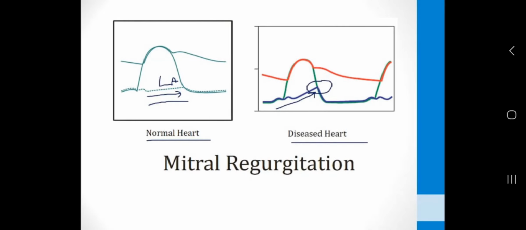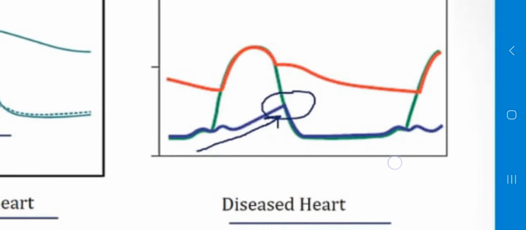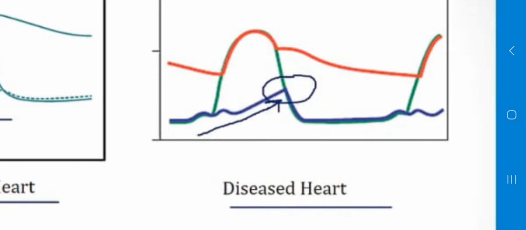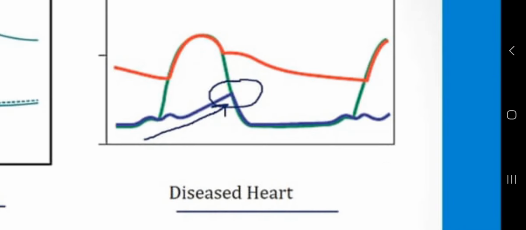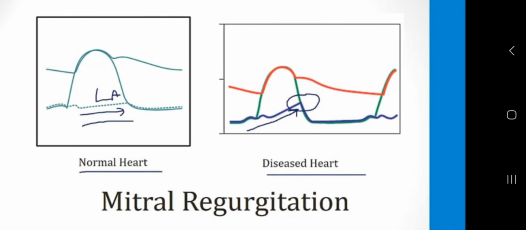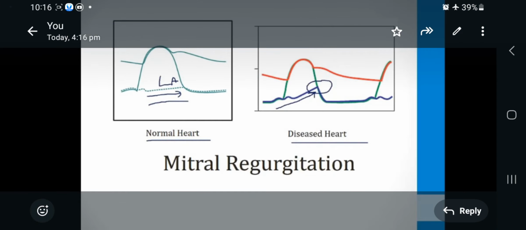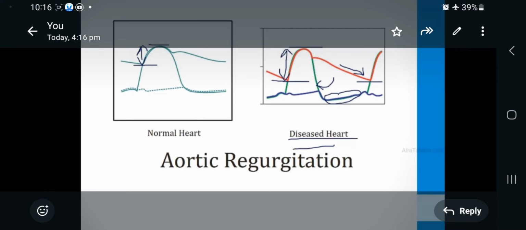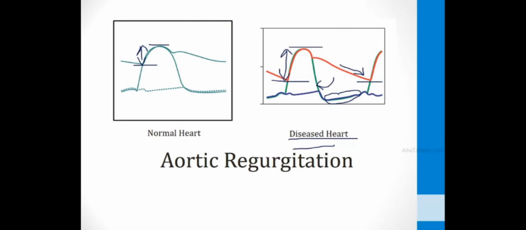Then in mitral regurgitation, the left atrial pressure will be increased. Normally it is not that much increased, but here it will be increased more. Then in aortic regurgitation, the pulse pressure will be raised.